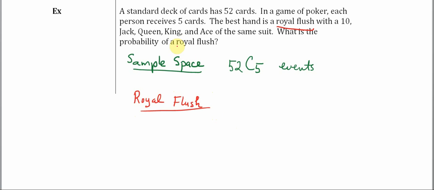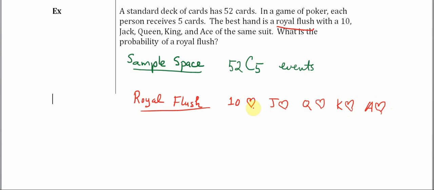So you could have, and I'll abbreviate this, a 10 of hearts. This is like one hand. Let me draw this better. You could have a 10 of hearts, a jack of hearts, a queen of hearts, a king of hearts, and then an ace of hearts.